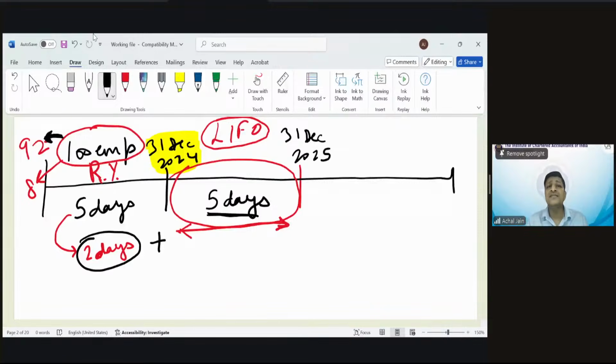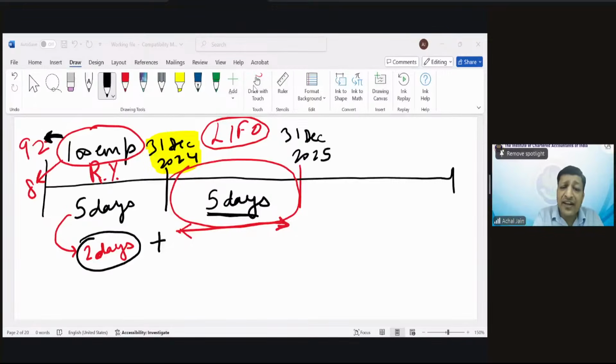Tell me, how many leaves will they avail next year? They will avail 5 days. Yes or no? They will avail 5 days. Next year, I'm talking about how many leaves they will avail next year. That will be 5 days, correct?